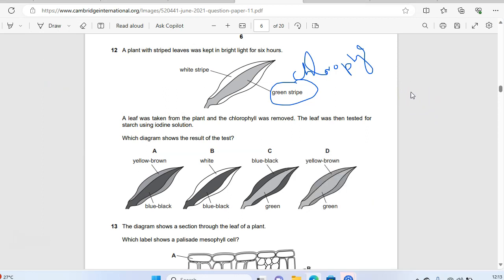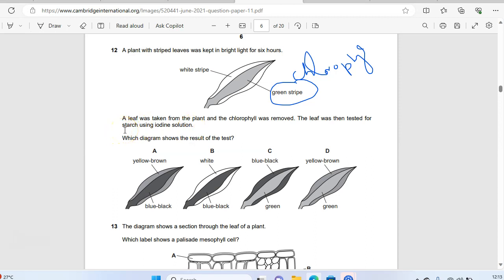A leaf was taken from the plant and the chlorophyll was removed. You just need to pluck the leaf from the plant and remove all the chlorophyll. The leaf was then tested for starch using iodine solution.